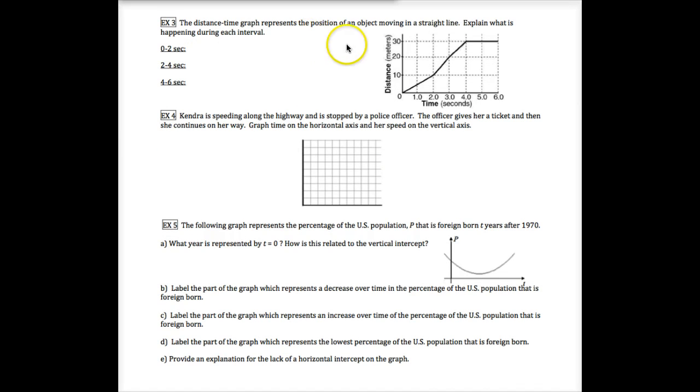A distance time graph represents the position of an object that's moving in a straight line. So it's moving a distance. We know that it's moving in a straight line according to the directions. So we want to explain what is happening during each interval. The first interval they give us is from 0 to 2 seconds. From 0 to 2, I've got a line with a positive slope.